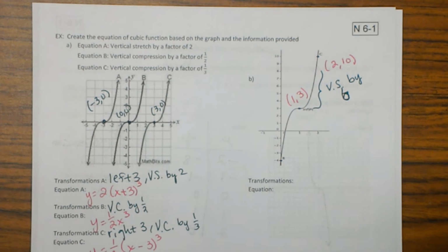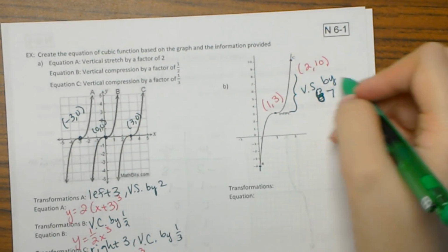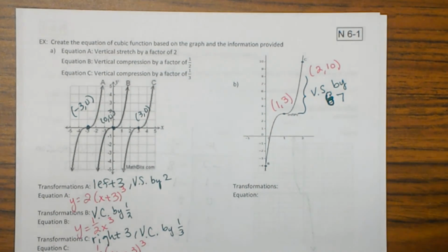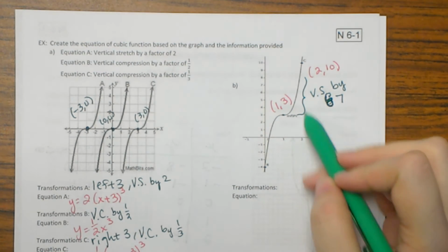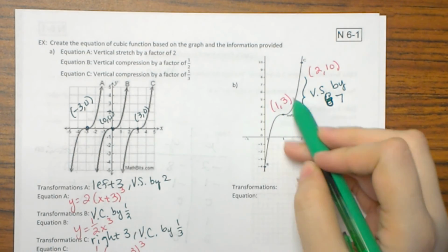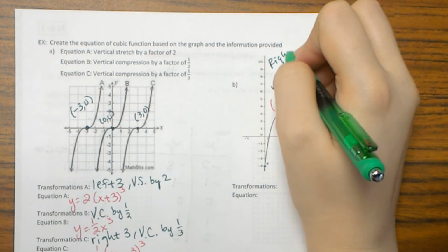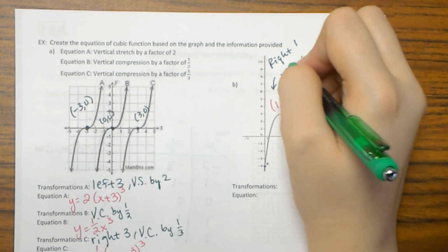No, it's 7. It's the difference in the y values. So then my inflection point tells me that I went right 1 and up 3.